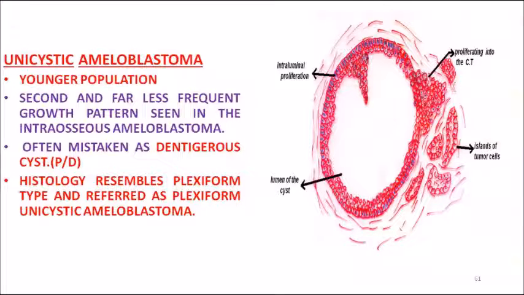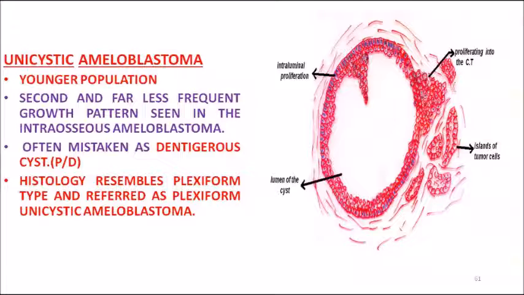So if you take a cut section of it and see under the microscope, it will not be a dentigerous cyst, but instead it will show the features of plexiform type of ameloblastoma. So because it resembles the plexiform type, it can also be called plexiform unicystic ameloblastoma. Clear?